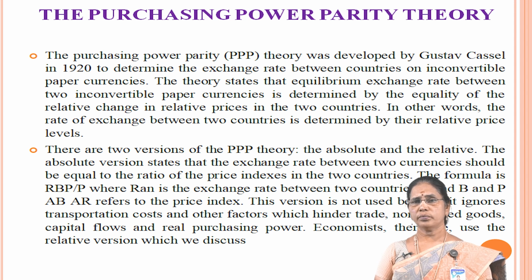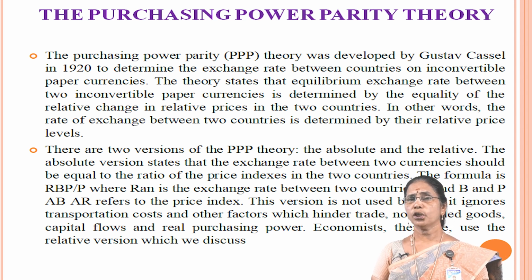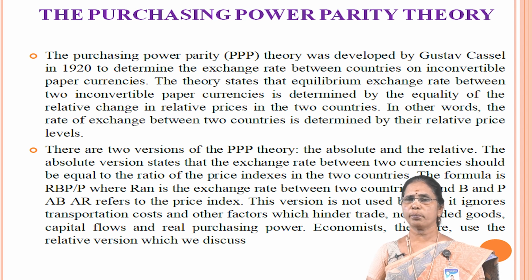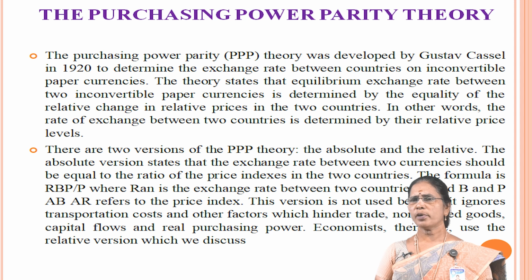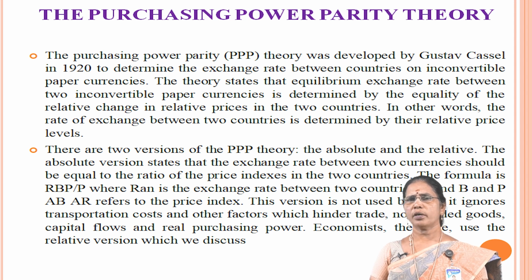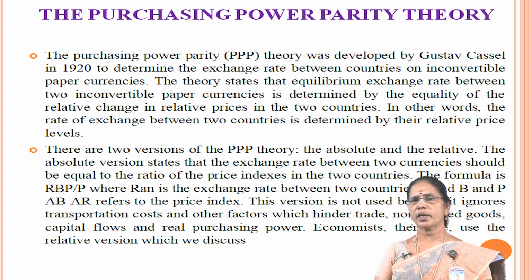There are two versions of purchasing power parity theory, the absolute and the relative. The absolute version states that the exchange rate between two countries should be equal to the ratio of the price indexes in the two countries. The formula is R_AB = P_A / P_B, where R_AB is the exchange rate between two countries A and B, and P_A and P_B refer to the price indexes.